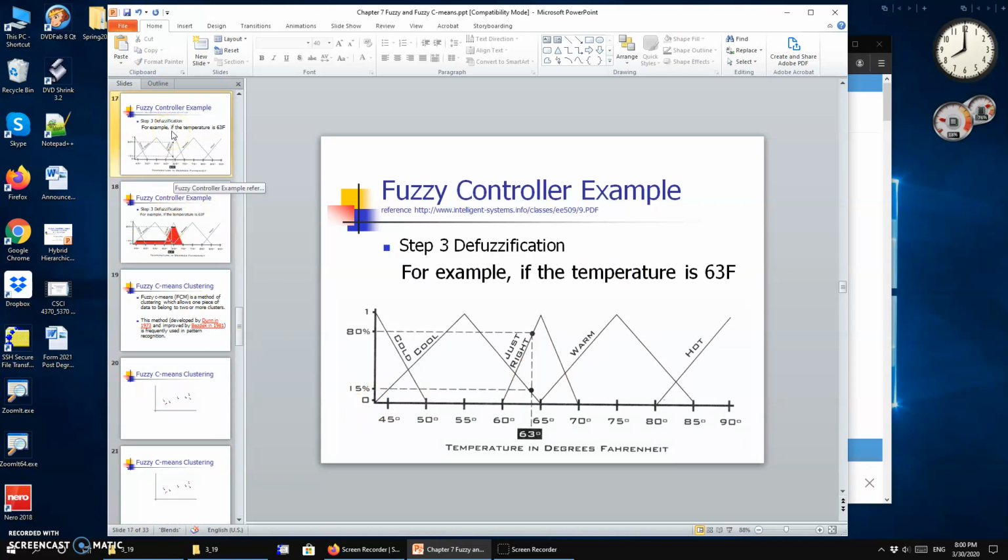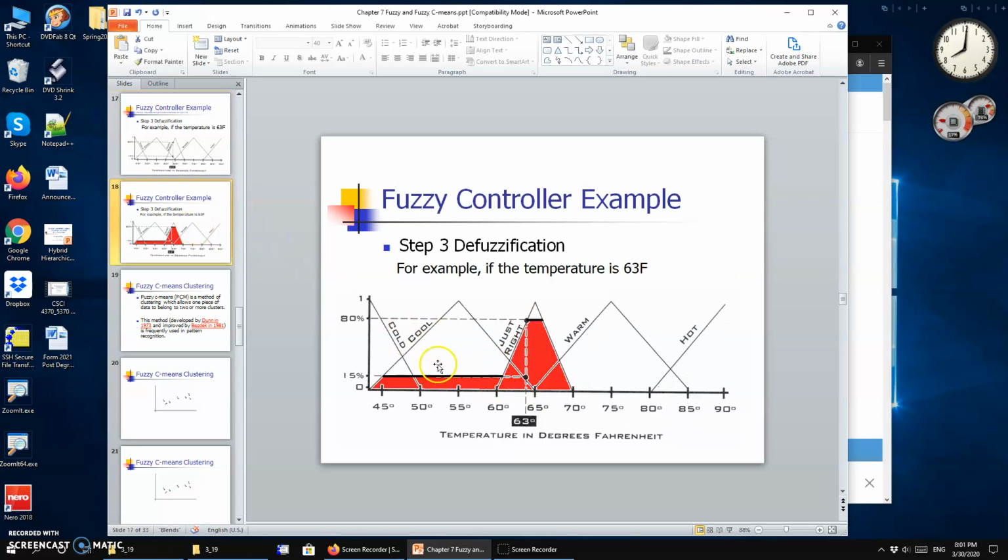In step number 3, which is defuzzification, this is the most important part. Once we have the whole picture, say the current temperature is 63 degrees. Then this 63 degrees will map into 2 different kinds of comfort zones. One is just right, the other one is cool. And then we can actually draw the space, calculating the percentage of belonging.